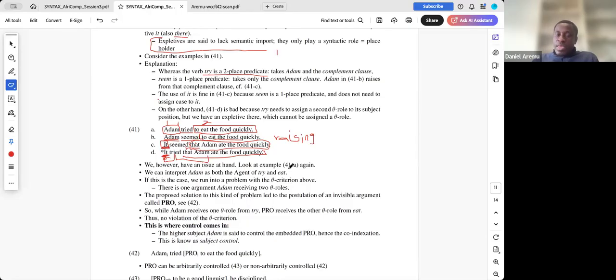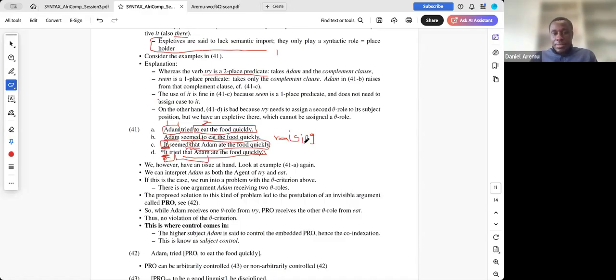That infinitive clause there, is it also counted as an argument? For me, I would just be looking at food as the only argument apart from Adam. Food will be the argument of eat, not try. The argument of eat. Yes, so eat the food.